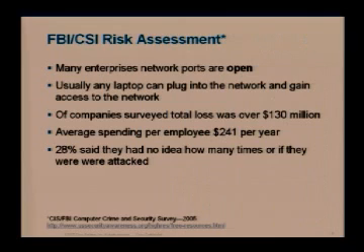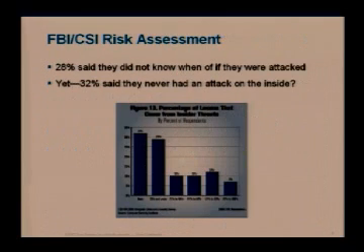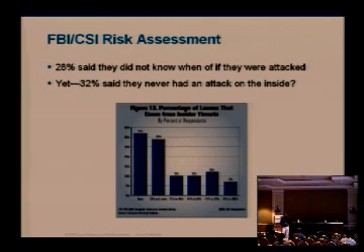Just some statistics, and mainly I'll show you the numbers here. From a survey done by the FBI and a number of other organizations, more than 50% of the people think that they are attacked from the external network. They think the internal network is an angel, the most protected segment in the organization.